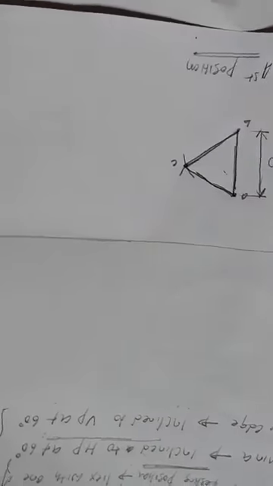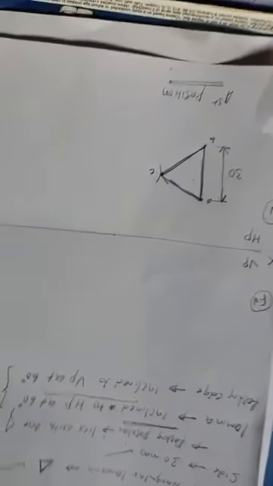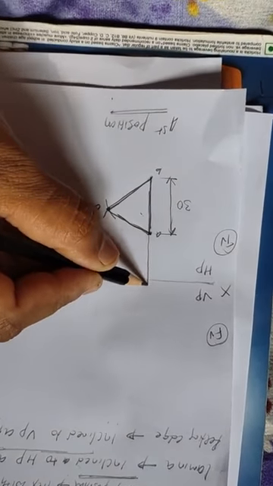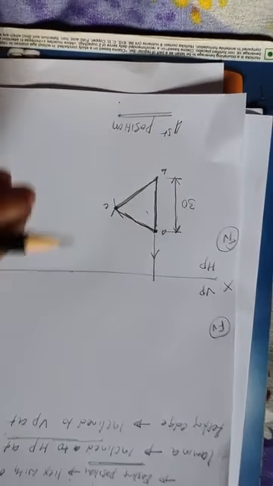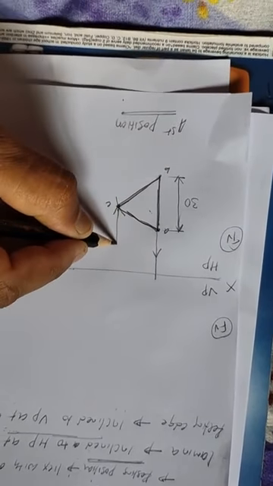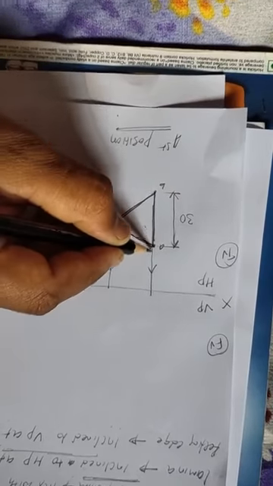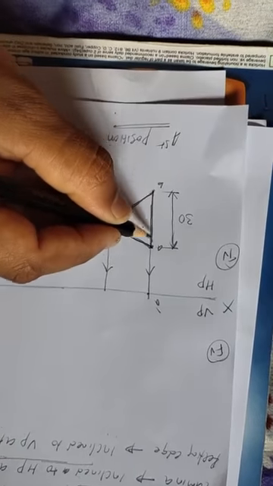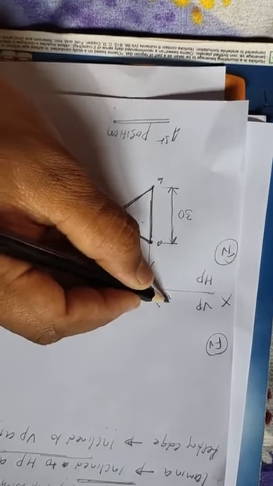Now how do you get the first position, front view? First draw all the corners of the lamina. Project all the corners of the lamina to the front view. Now A in the front view becomes A dash. B and A coincide, so we get B dash.